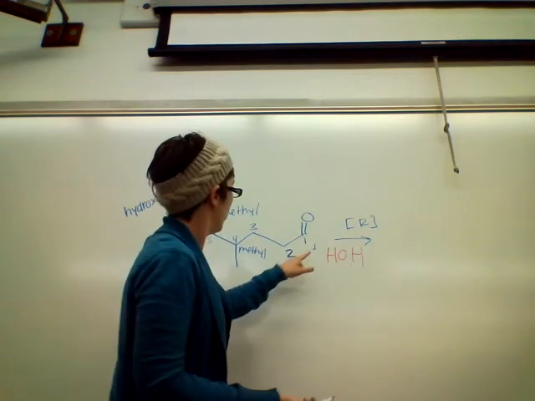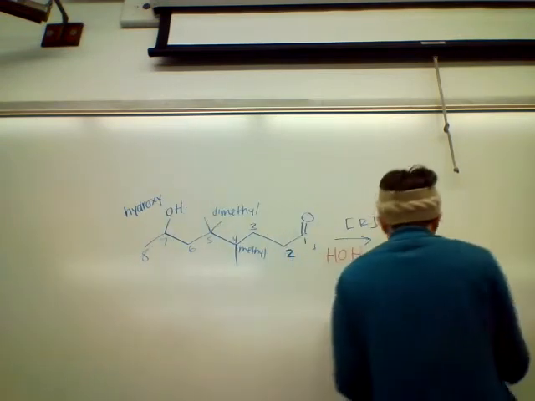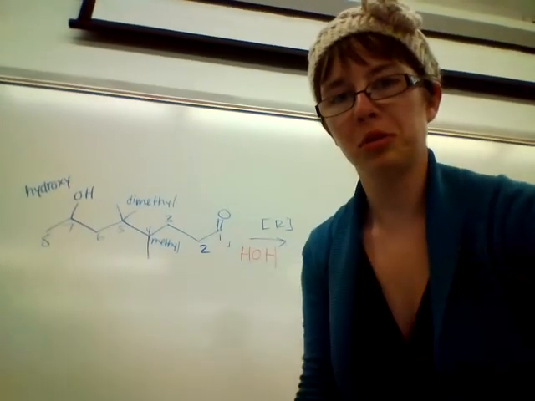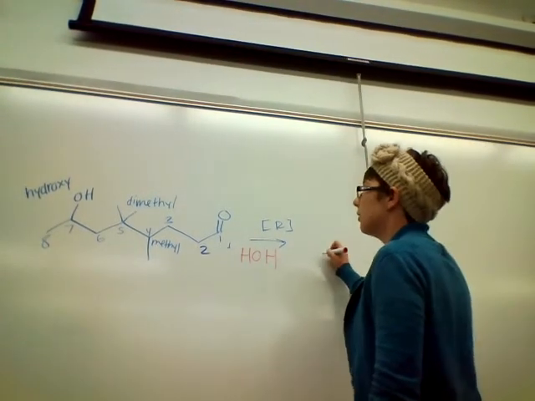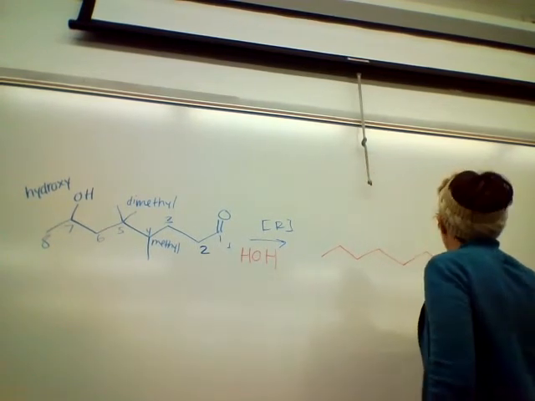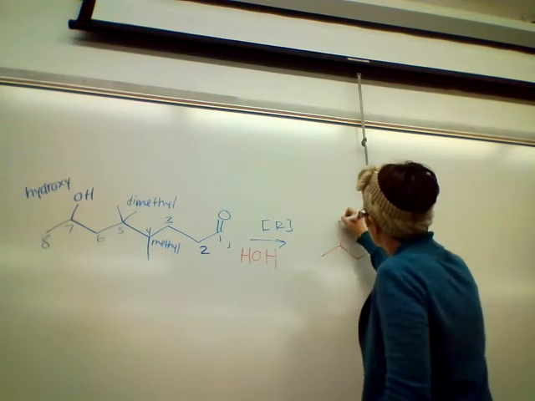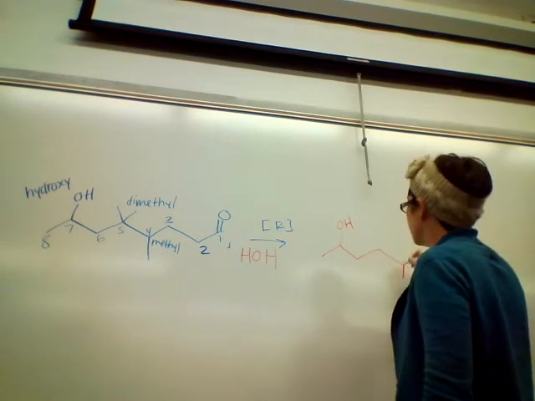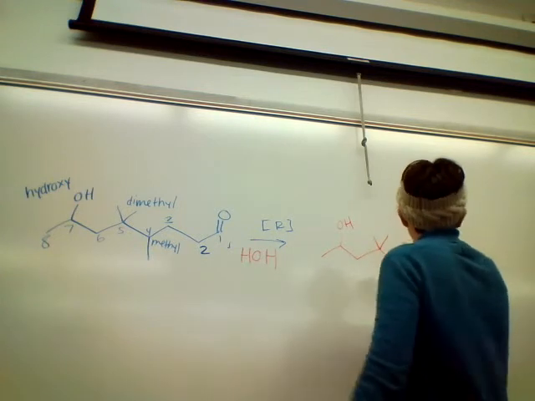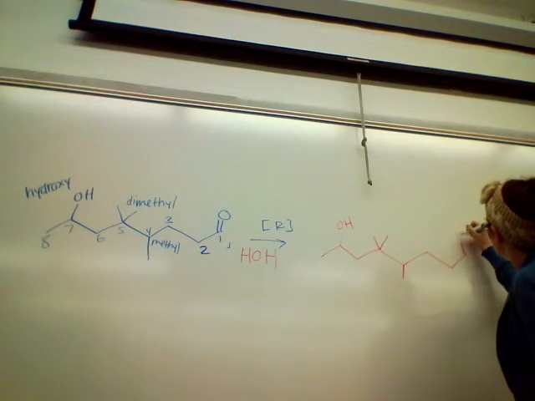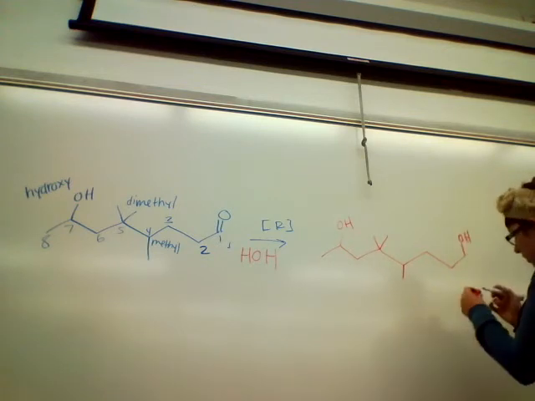So what you want to do is just draw the same structure again for the most part. Draw the OH again, draw our methyl group over here, draw our dimethyl up here, but now you have an OH.